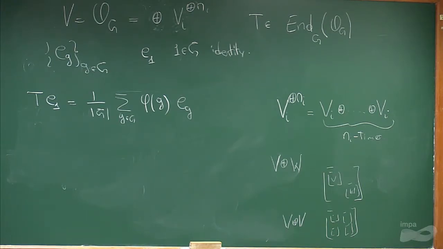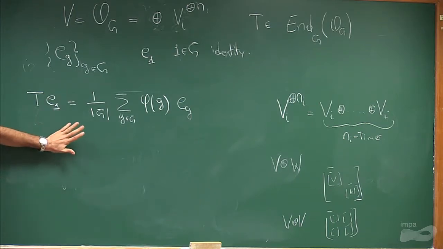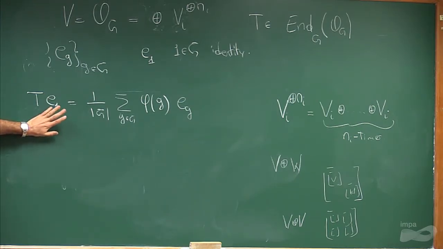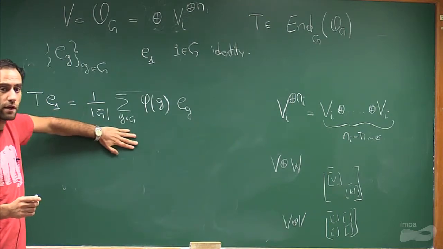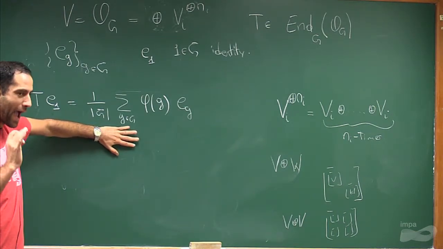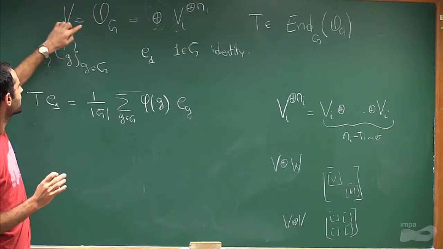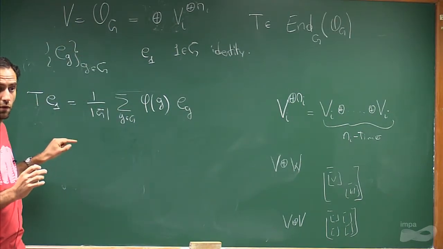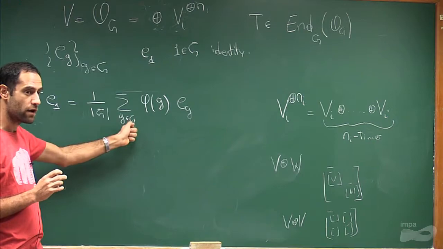But notice what we're aiming for. What we're trying to prove is this, in general. We just took our T in the regular representation, we acted on E1, and we've gotten this element here. The upshot of our proof is we want to check that this T here is 0.